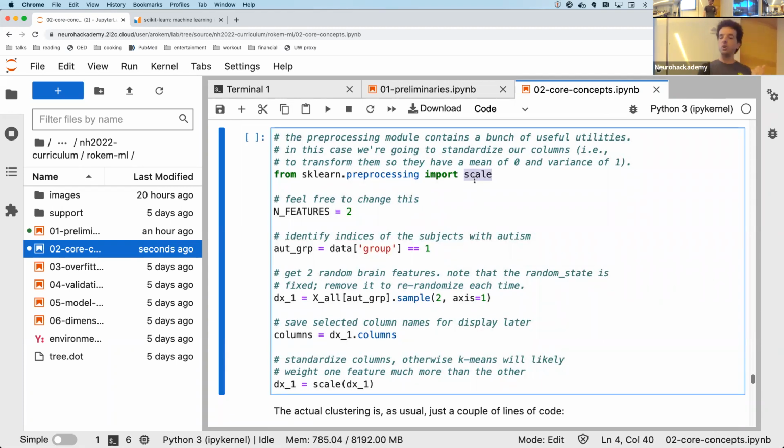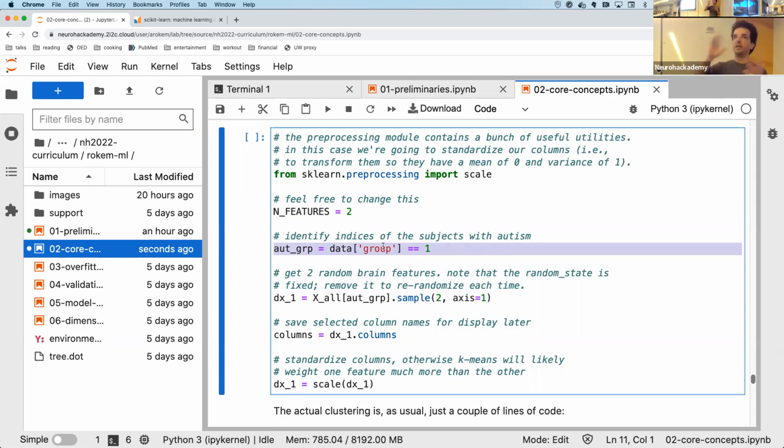We're going to standardize the columns, and then we're going to select some features, again sampling at random. Here we're using some code up front to select only those rows of the original matrix that have classification of group as 1, as in people with the diagnosis of autism.